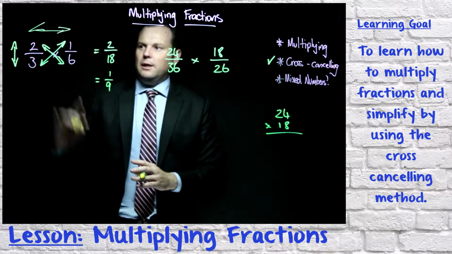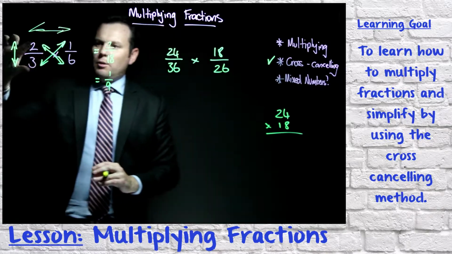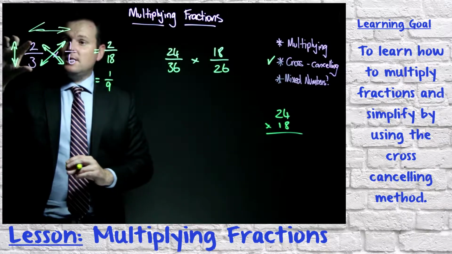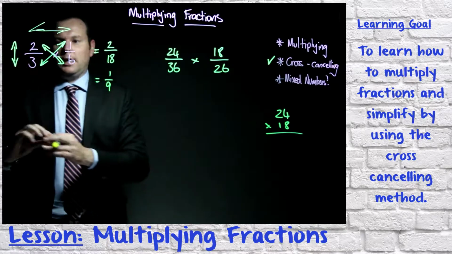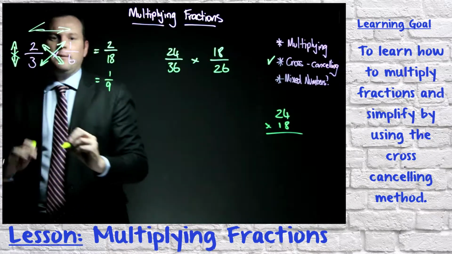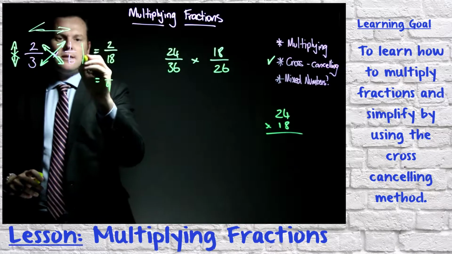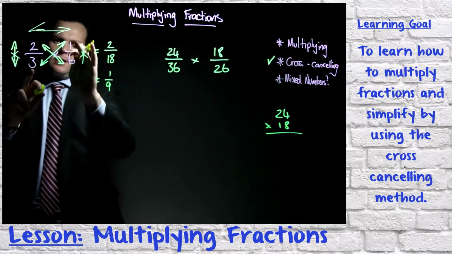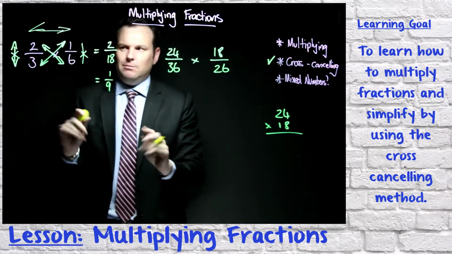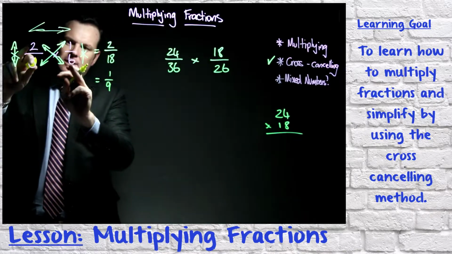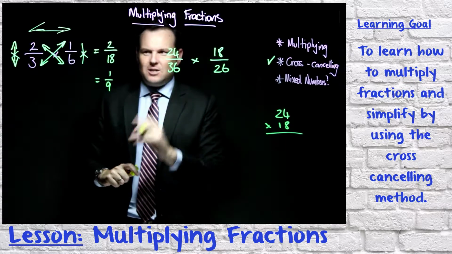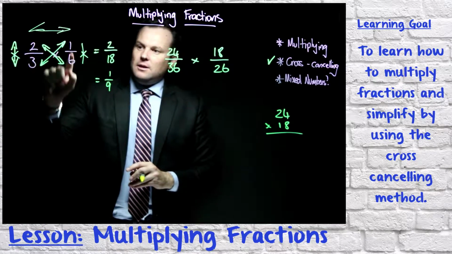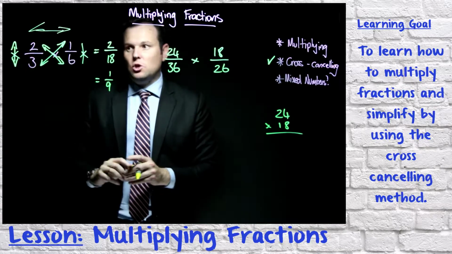So what I mean by this is, I can look at my two fractions first and say, can I simplify 2/3? No, I can't. Can I simplify 1/6? No, I can't simplify that way. Then I can look at my diagonals. Can I simplify 1/3? No. But can I simplify 2/6? Yes, I can. I can divide 6 by 2 and I can divide 2 by 2.